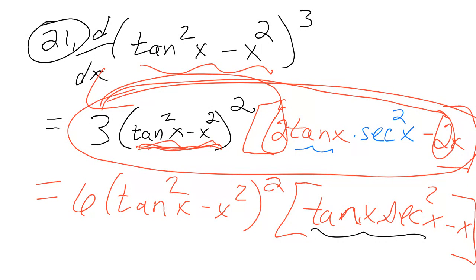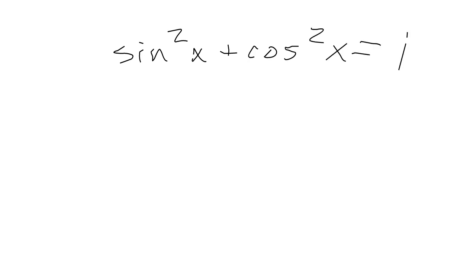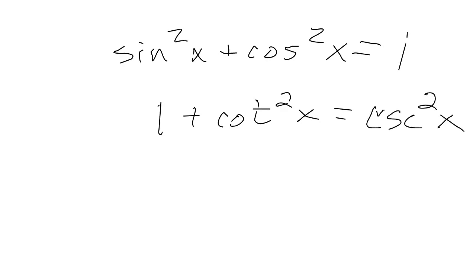If for some reason we end up with something like tangent squared plus 1, or secant squared minus 1, that would be tangent squared, because we have all of those identities, like sine squared x plus cosine squared x is 1. We knew that one. Divide everything by sine squared, and we get 1 plus cotangent squared x equals cosecant squared x.